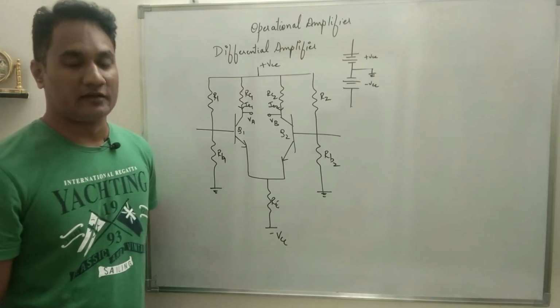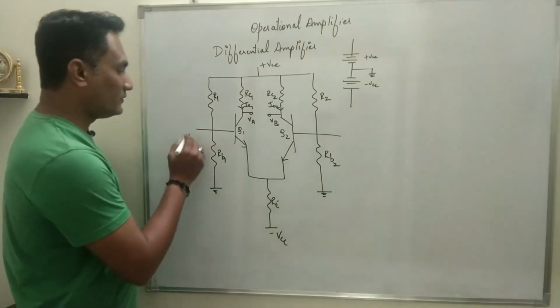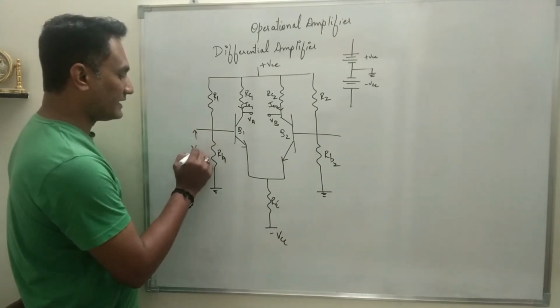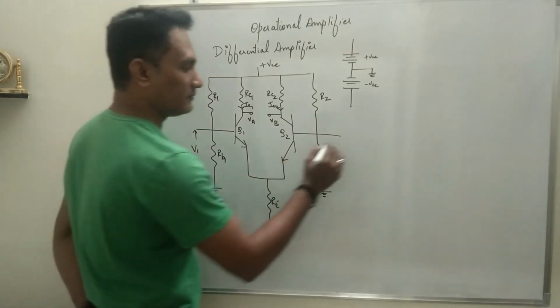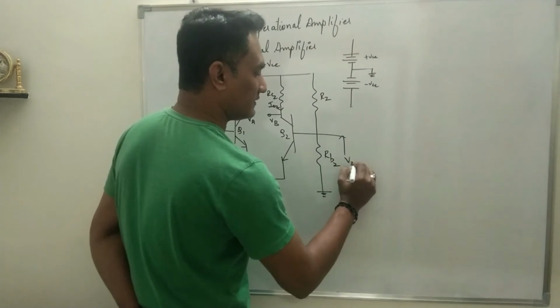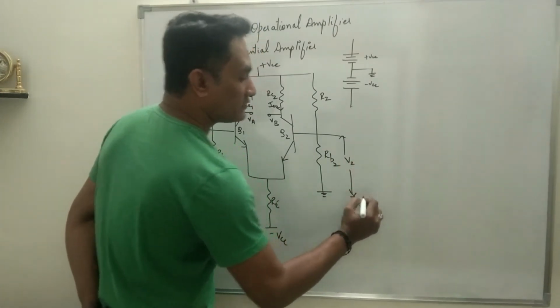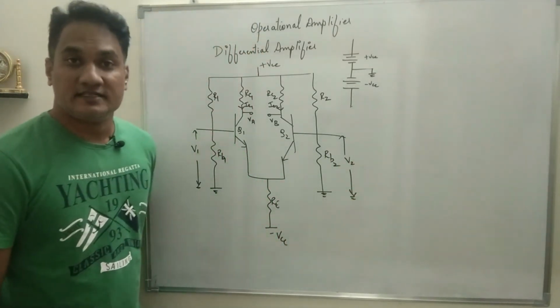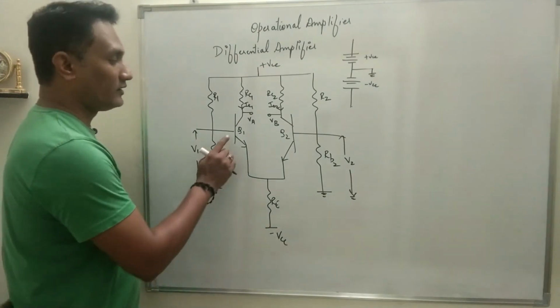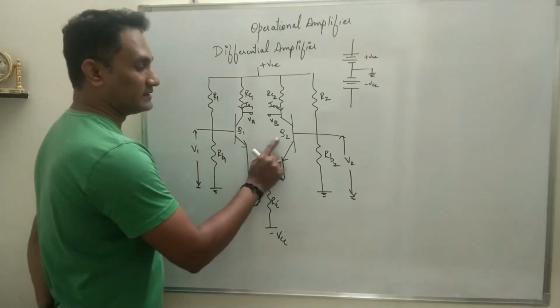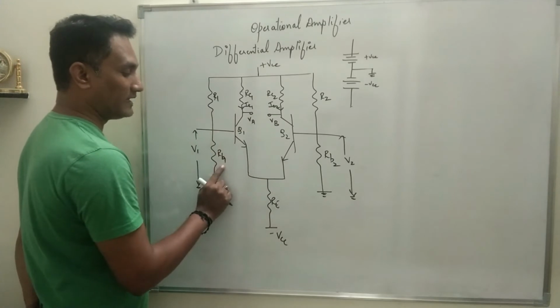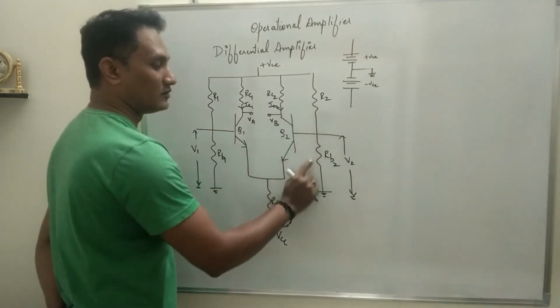Please recollect what we said for a direct coupled amplifier. For a direct coupled amplifier, the disadvantage is that in the absence of biasing resistance, drift is observed. Now what you can see is that in this, both the transistors Q1 and Q2 have biasing resistances RB1 and RB2.